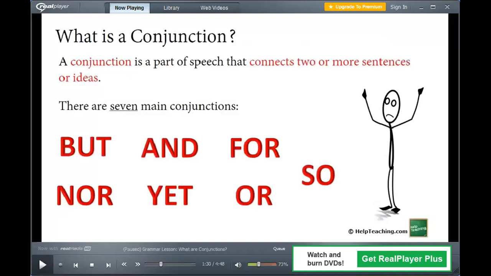We have and, A-N-D. We have for, F-O-R. We have nor, N-O-R. We have yet, Y-E-T. We have or, O-R, and we have so. These are the most common conjunctions, the 7 main conjunctions that you will find often in your writing or speaking.